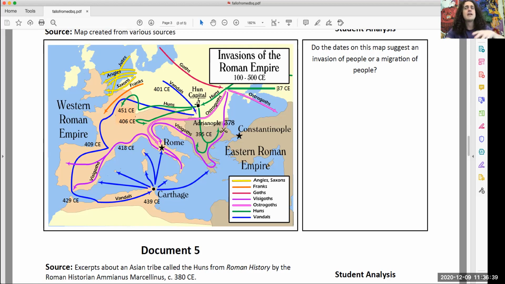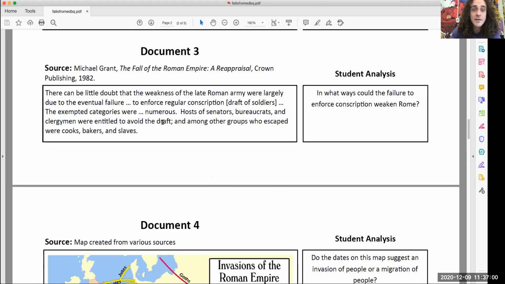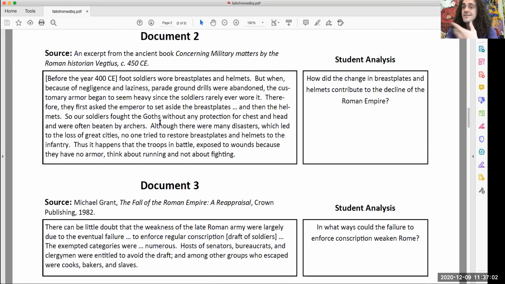So they're a migrating group from Central Asia who managed to be successful enough to get a capital. Might say something about how successful they were or how weak Rome was. Something to think about. Once again, this is great to tie into any of your body paragraphs, or even using it as a body paragraph and using document 2 and 3 to reinforce that.